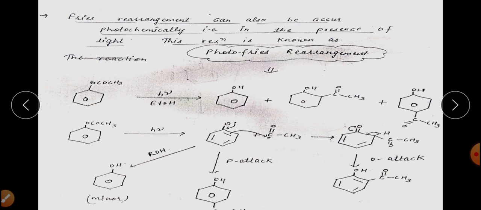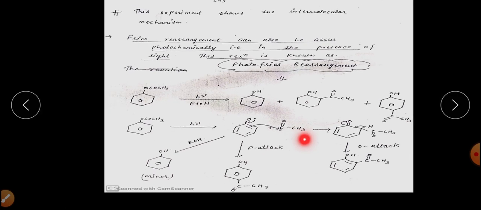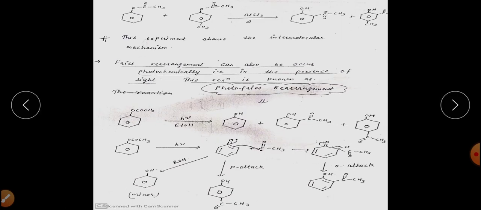Your free radical will abstract an H radical from the solvent and will get converted into a very minor phenol product. So this is the beauty of the reaction, that we are getting phenol as a minor product. So this is all about the Fries rearrangement, that is, conversion of phenolic ester into ortho and para substituted phenol by using intermolecular, intramolecular or photo-Fries rearrangement type of reaction, right?